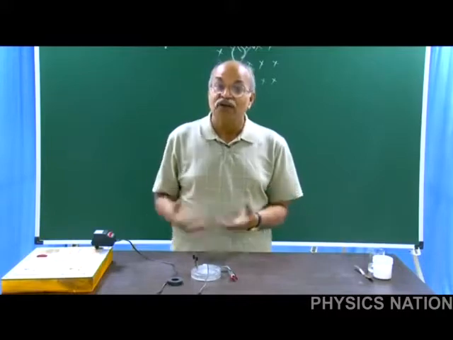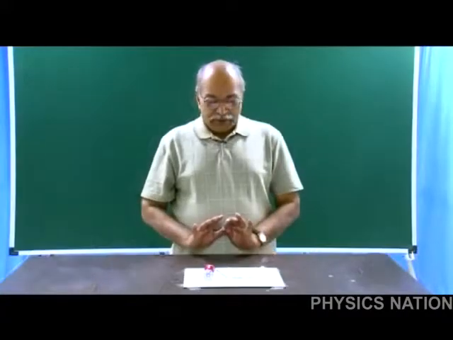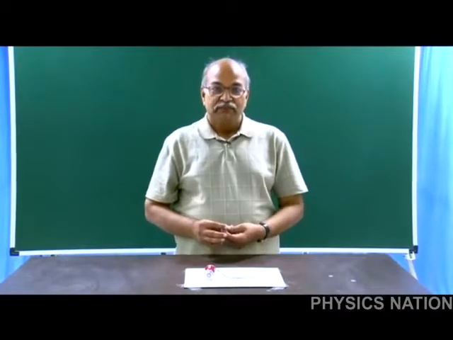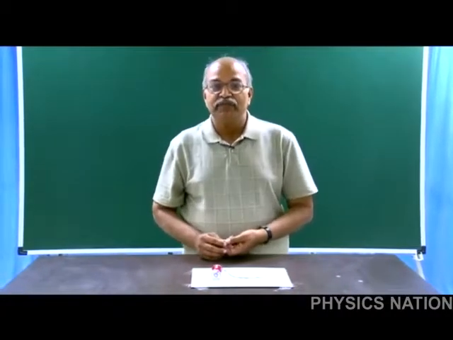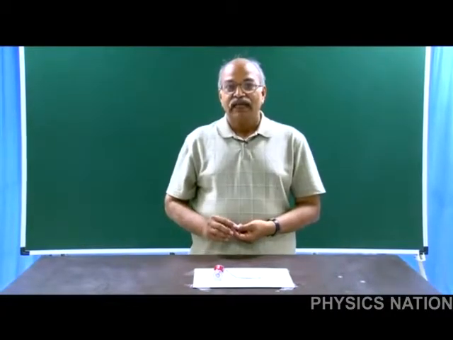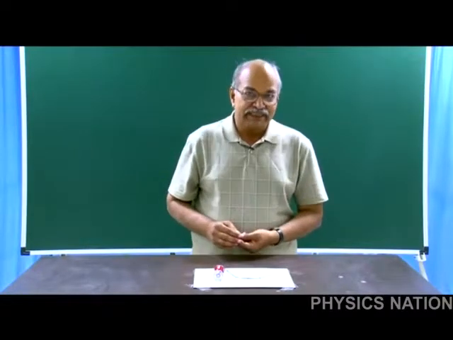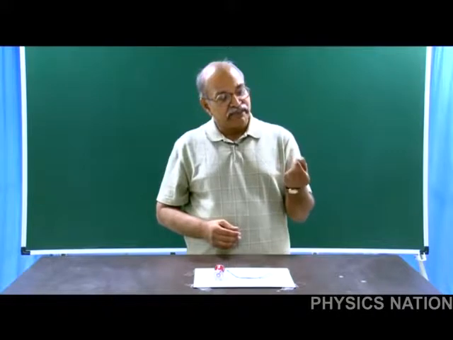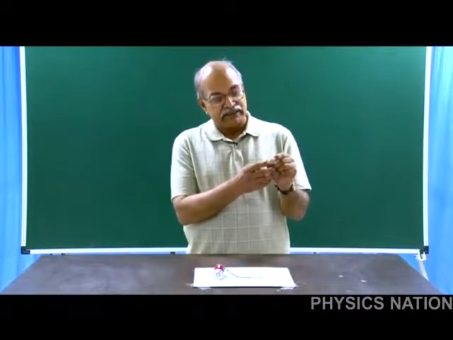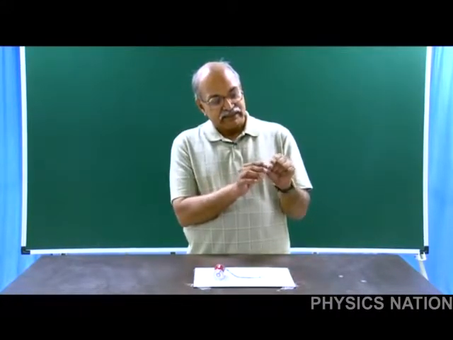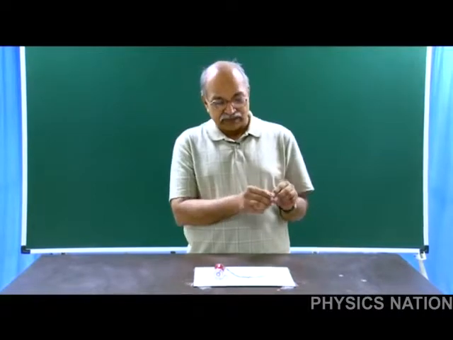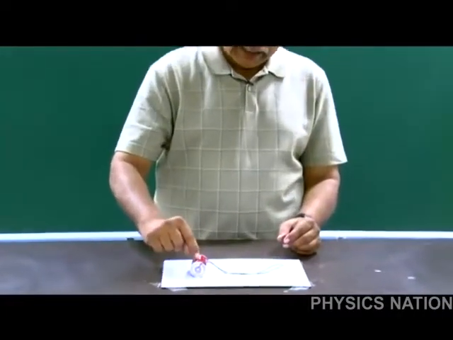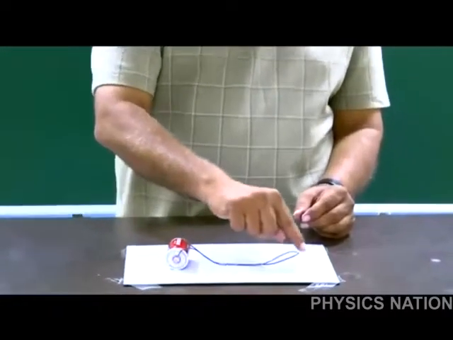Now we will be doing some experiments in which a magnetic field will be created by a permanent magnet and the effect on a current will be seen. So I have here a small permanent magnet, this cylindrical shiny magnet, and I'll just put it on this board on which I have a battery and a wire.